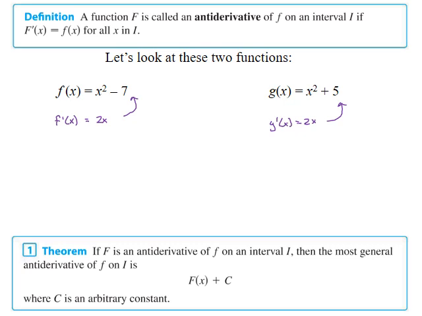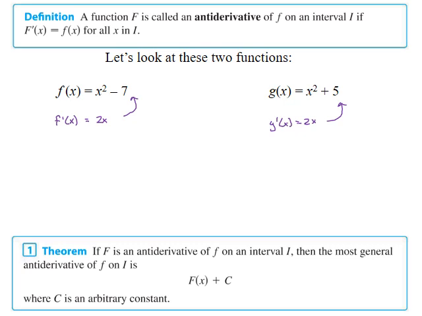So when you're going backwards, which is what we're going to do with antiderivatives, how do you go from a derivative back to its original function? The problem is that since we don't always have enough information to know what that constant is, you're going to have to add a general term in, and that's this big theorem down here at the bottom.